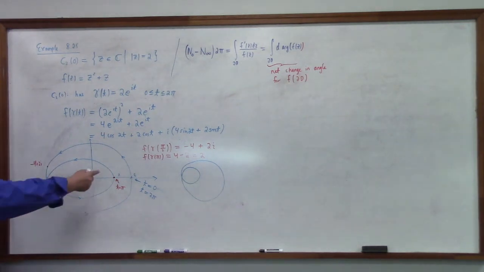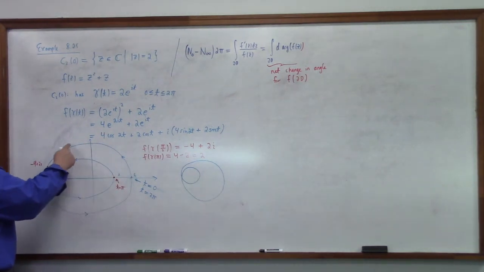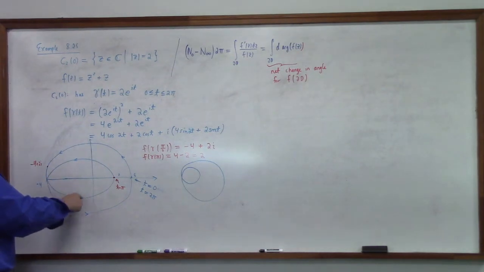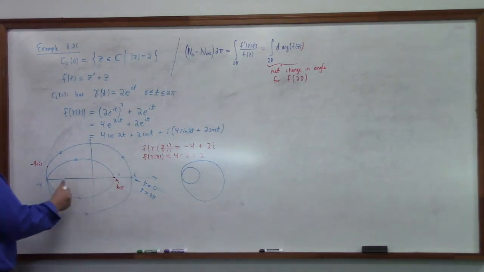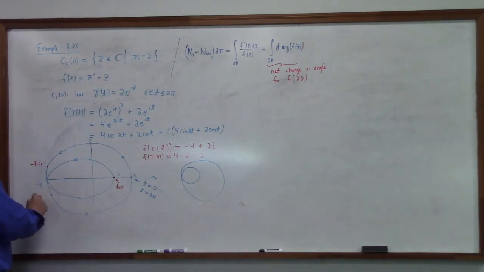So like you start at 0, you go from 0 to pi, and if I did this right, there'd be a point down here which is like minus 4 minus 2i. I'm guessing that's f of gamma of 3 pi over 2.